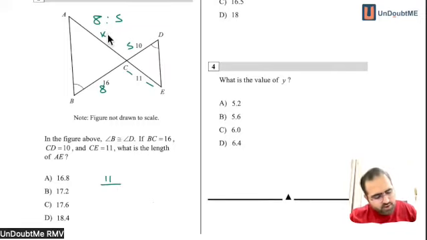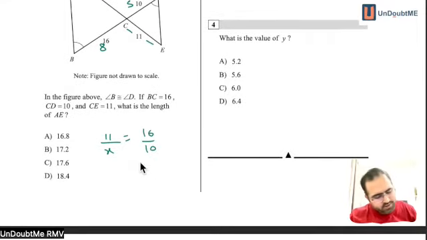Okay, I was doing a longer method in this question. So 11 times 5 over 8. So 11 times 8 over 5. It will be 5 over 8.